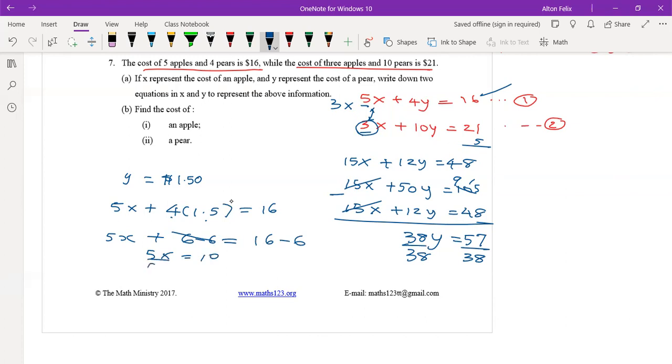You divide by 5 on both sides. So that means that x will equal 10 divided by 5, which is 2. So there you go. Find the cost of an apple. The cost of an apple is $2, because that is the value of x here. And the cost of a pear is $1.50 in this case.